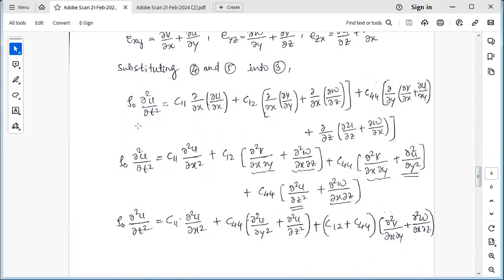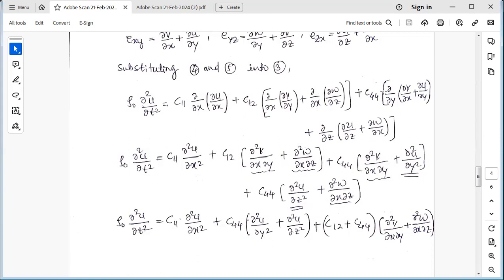So let's just write as it is. This part you write as it is, and here C12, and this we have to differentiate. This is ∂²v/∂x∂y, plus this one means ∂²w/∂x∂z, so that you have written. Plus C44, and you see ∂²v/∂y∂x, ∂²v/∂x∂y or ∂y∂x, both are the same.